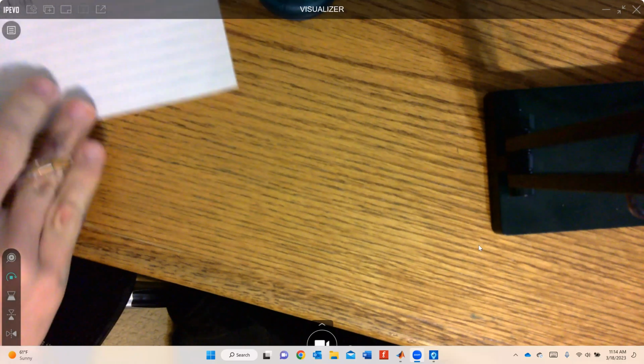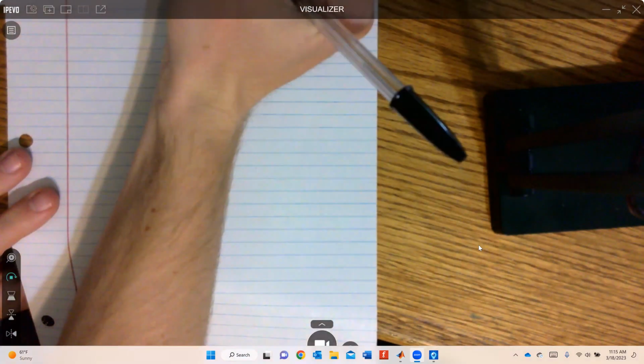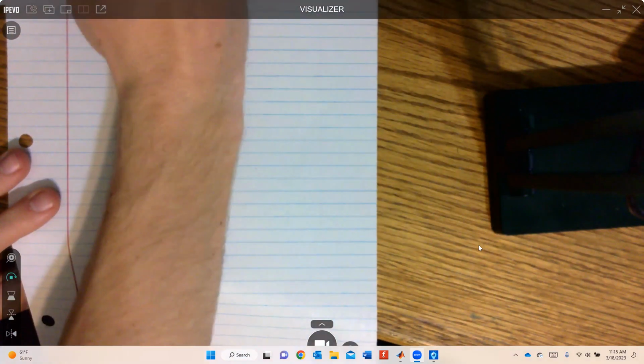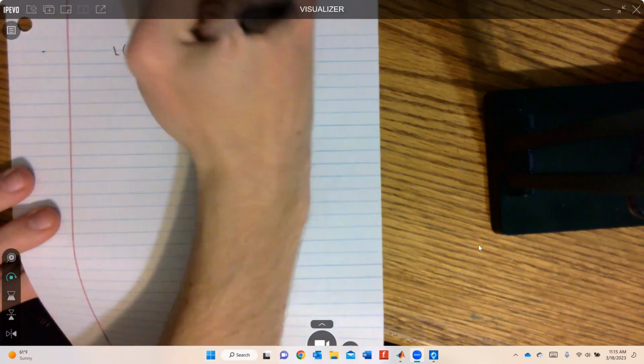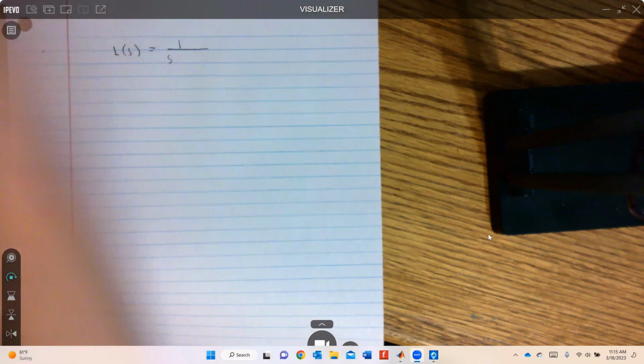For our example, we're given the following system. L of S, which is an open loop system, is equal to 1 over S times (S plus 2).